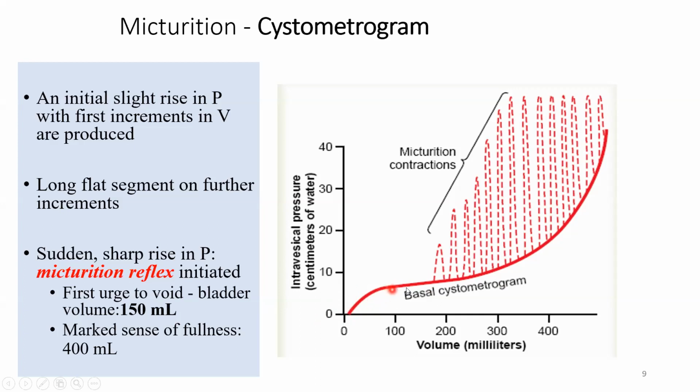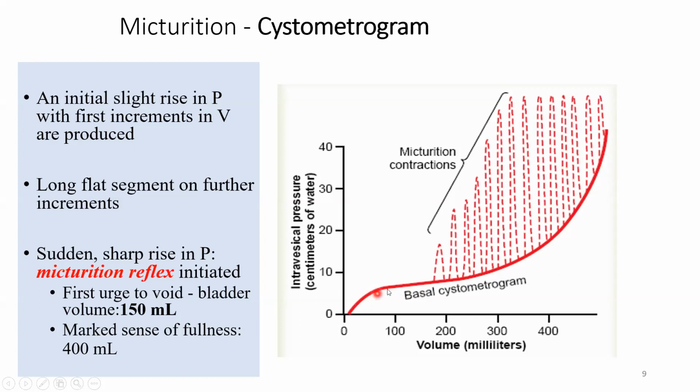Then you have a sustained introduction of volume with little change in pressure. And then around 300 and above, any change in volume will have a corresponding increase in pressure. So the curve starts to go up, okay? If you just concentrate on the thick red line, I've just explained the three components.